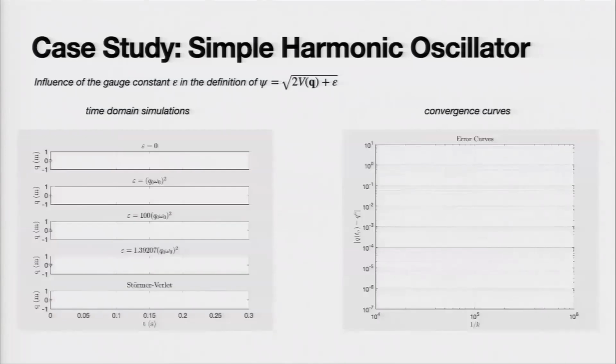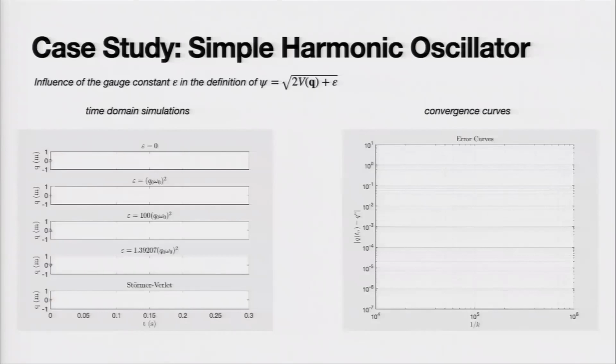Okay, so you remember I told you that psi is defined up to a gauge constant, epsilon, which is a positive constant. So here I am running a bunch of simulations using different values for epsilon, and I'm also comparing against Sturmer-Verlet.